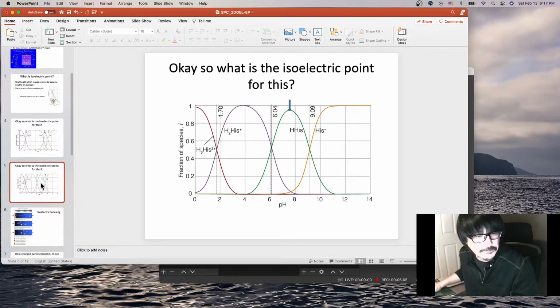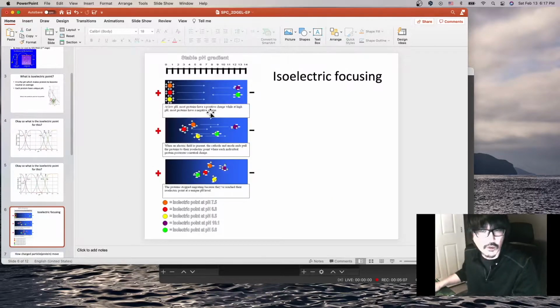So how does isoelectric focusing work? You have a certain type of gel, and on this plate you have a varying pH. Somewhere around here it's really basic, a pH of 13 or 14, and somewhere around here it's a pH of 1, so it's super acidic.